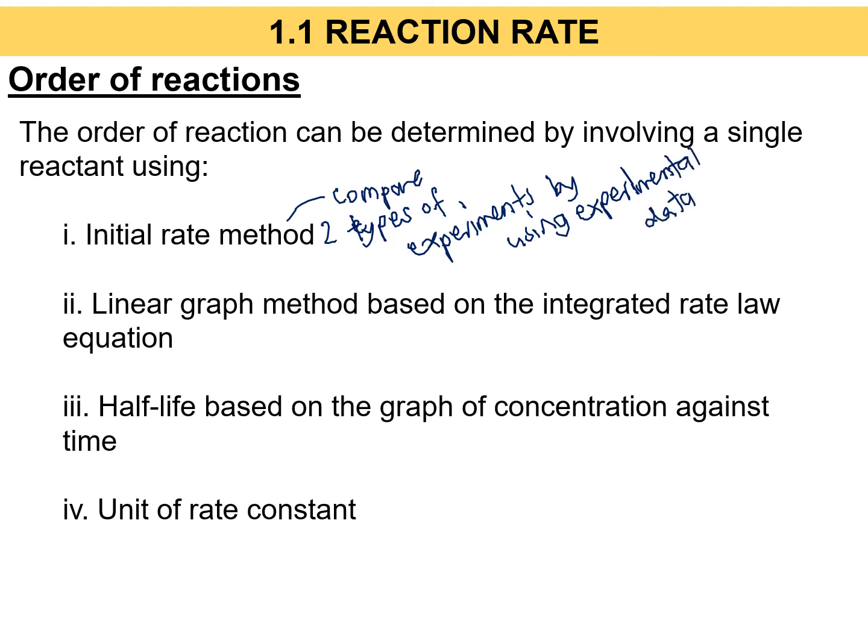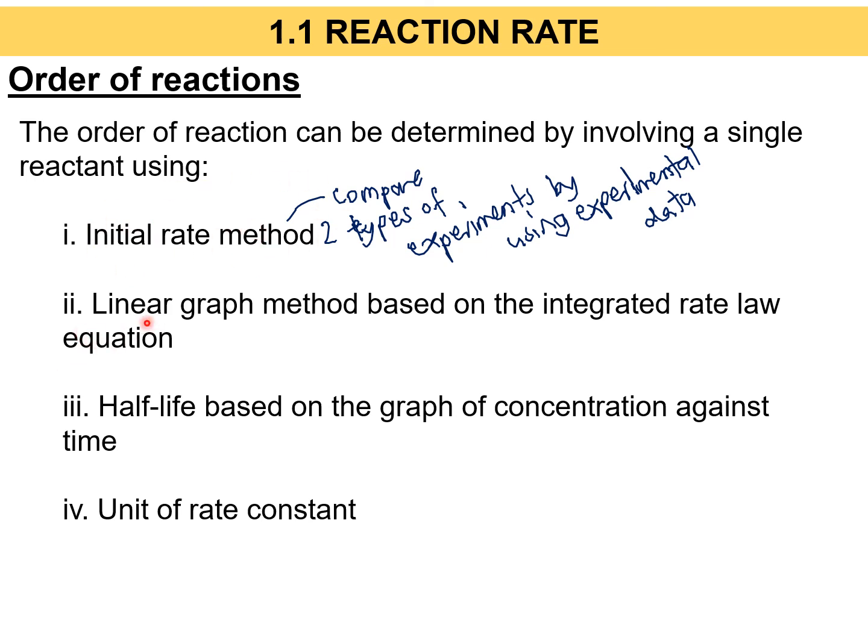You ingat tak yang kita kena compare dua jenis eksperimen yang di mana one of the eksperimen tu dia punya concentration of reactant tu kena constant while the others tu kena berbeza. Okay, itulah initial rate method.